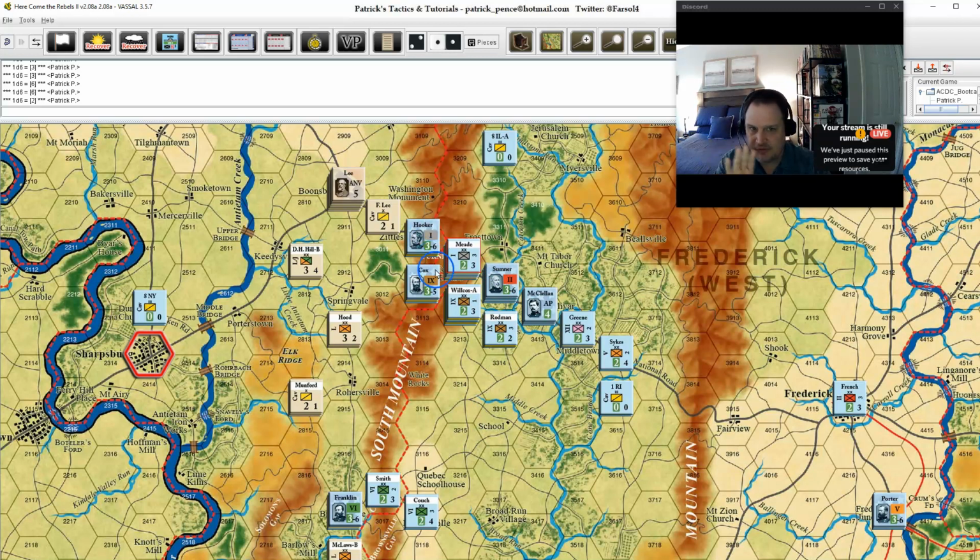Now, this is a little side thing, but this is a perfect time to talk about it, so you get to see this in context. Whenever an infantry unit, not a cavalry, enters or starts adjacent to a zone of control of a cavalry unit, the cavalry unit is given the option to do a retreat or a withdrawal.